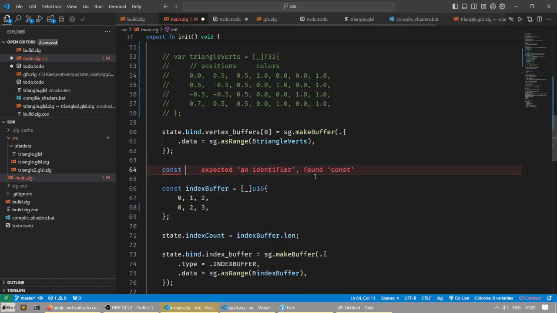So triangle count is going to be vertex count minus 2.